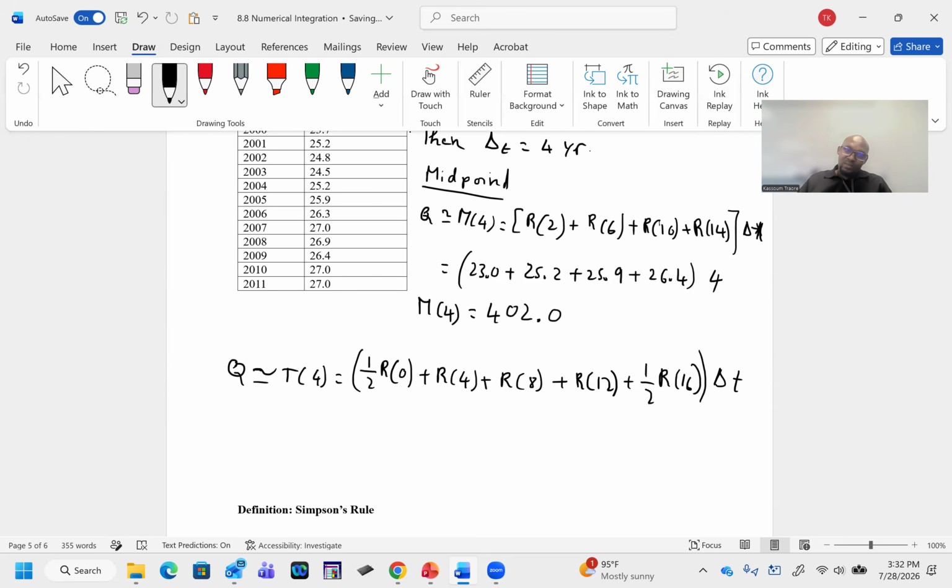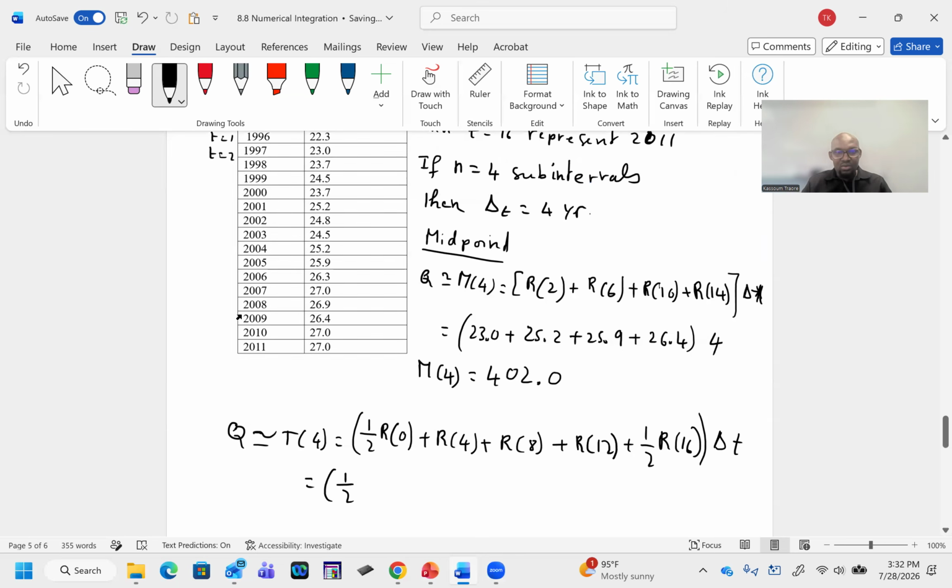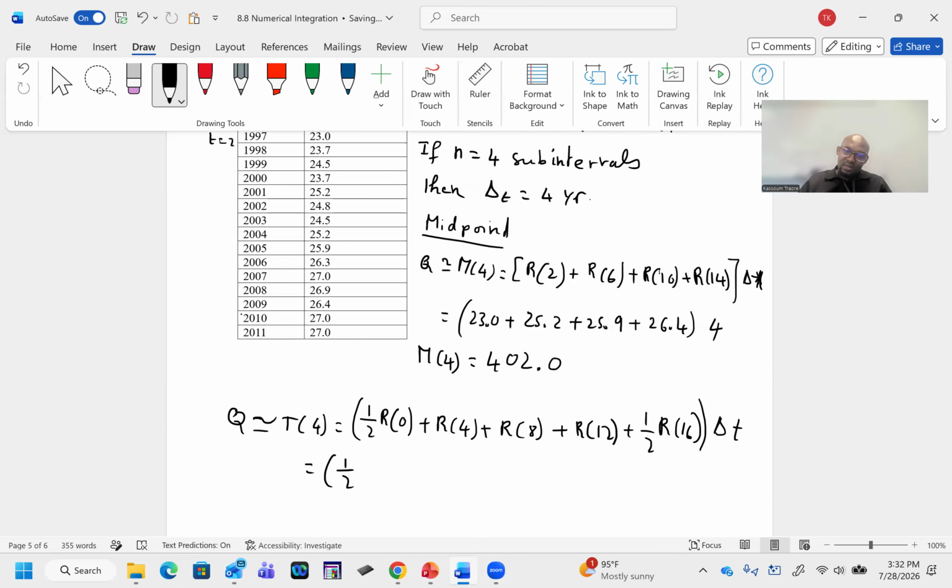So which would be 1/2 R of 0. R of 0 is what? 21.9 plus R4, which is 24.5 plus R8.